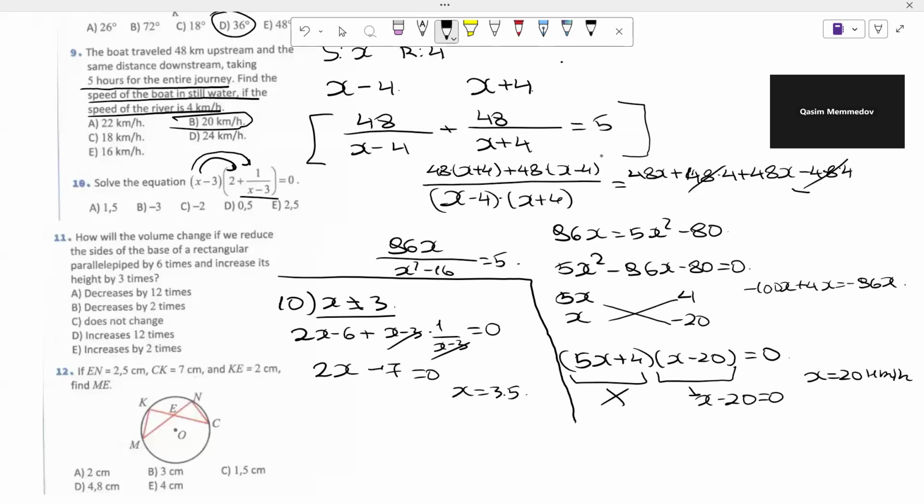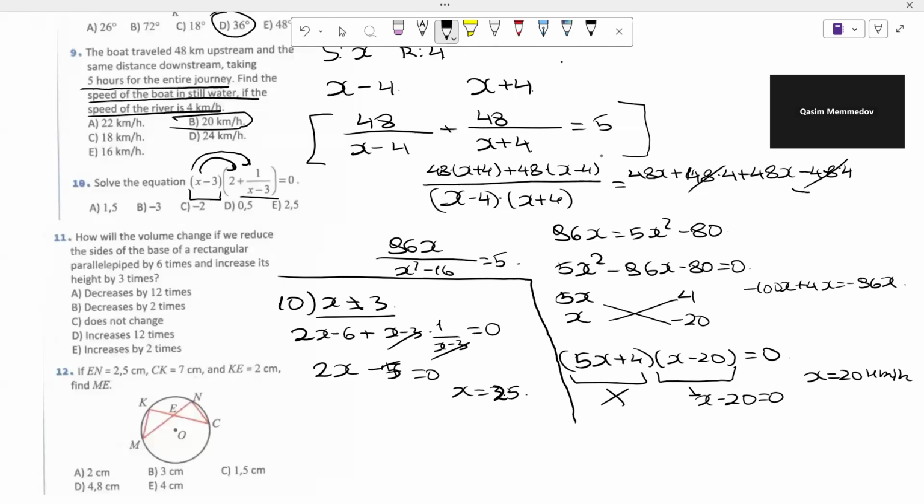Sorry, 3x minus 5 equals 0 and x equals 2.5. You can think that we can equate both brackets to 0 and find the answer. Yes, you can do it, but look very attentively there.